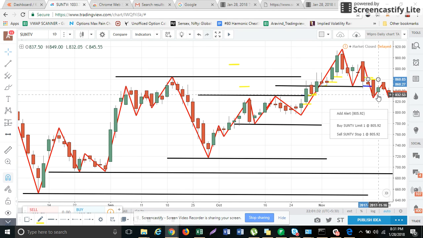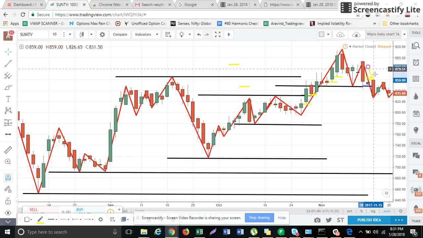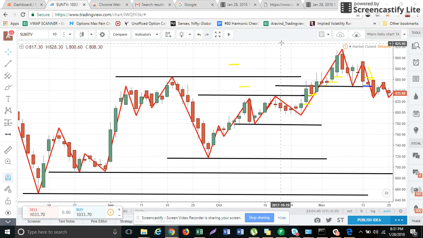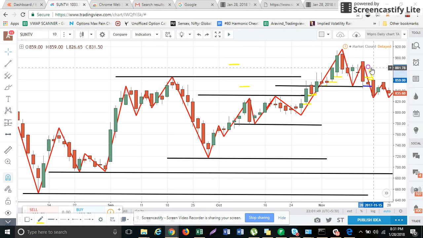So what we can do, we can simply update as per our setup, the high of that candle as our SL, which is 849.